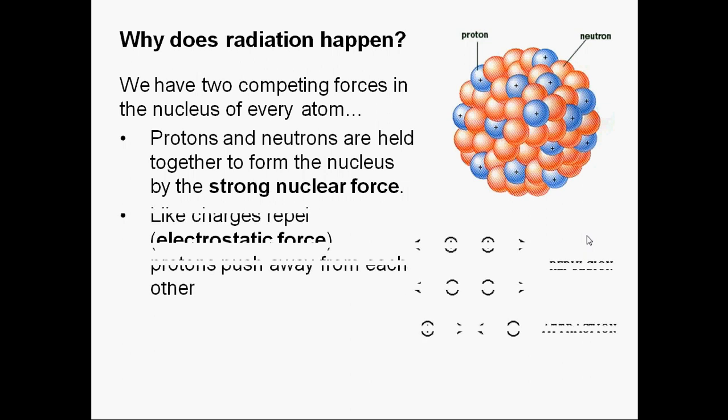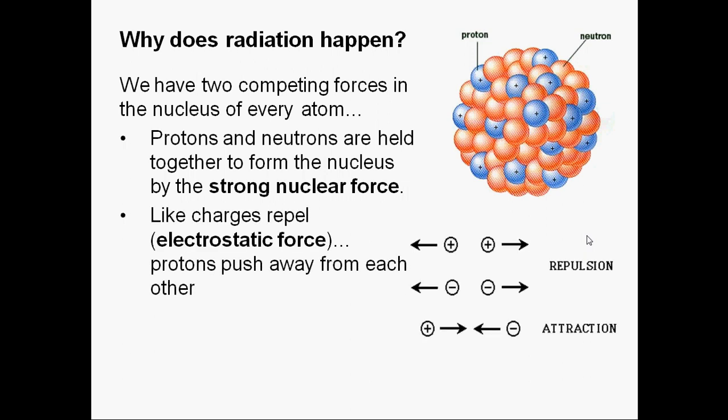But at the same time, if we recall basic electrostatic information, like charges repel. So our protons, which are tightly packed into a nucleus, are also trying to push apart from each other. This electrostatic repulsion is pushing them apart, and the strong nuclear force is pushing them together. Mostly, fortunately for us, the strong nuclear force wins, and we get our nuclei staying together.